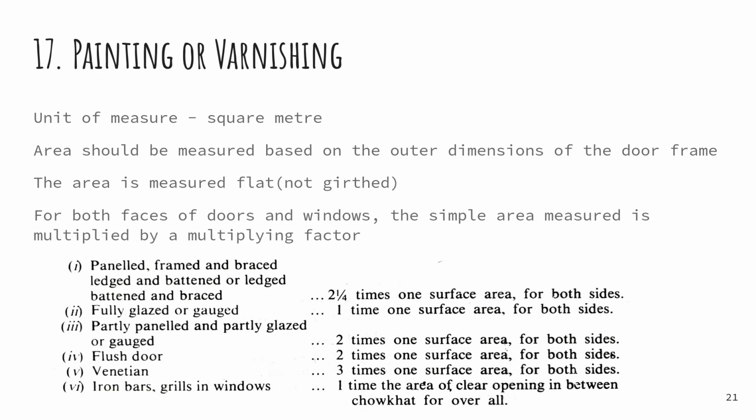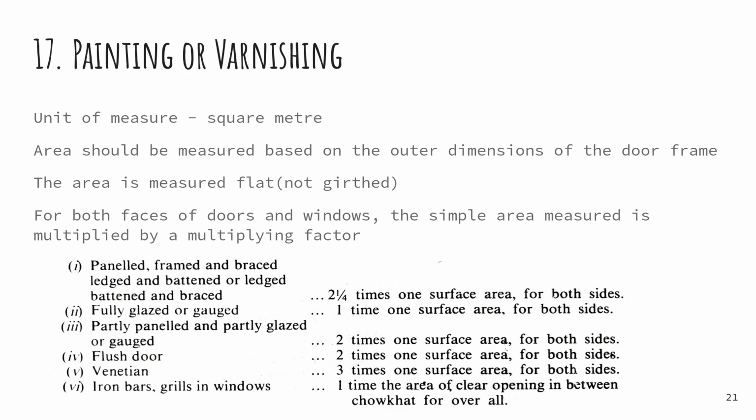Okay, and for both faces of doors and windows, the simple area measured is multiplied by a multiplying factor. So if we have a door of size 100 centimeter, 1 meter by 2.1 meter, we find the area as 1 into 2.1, which is 2.1 meter square. So that is the simple area.